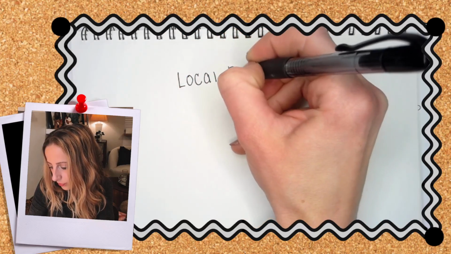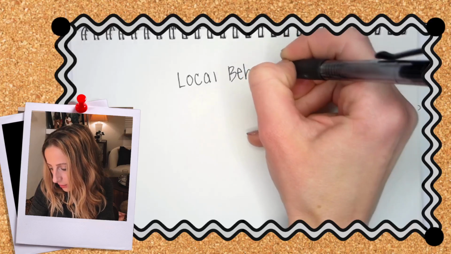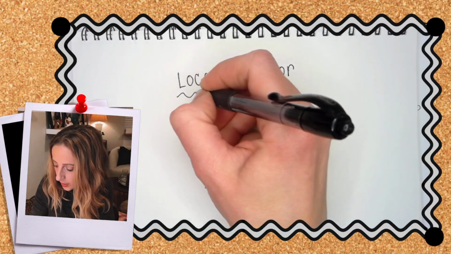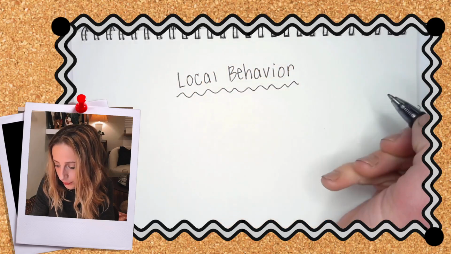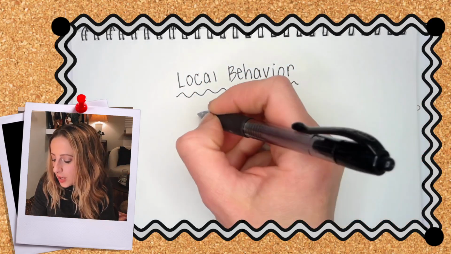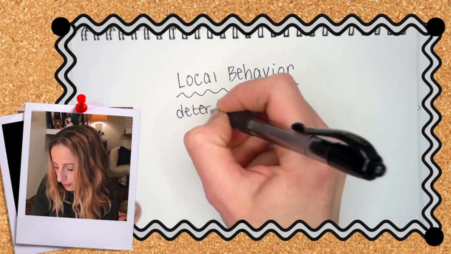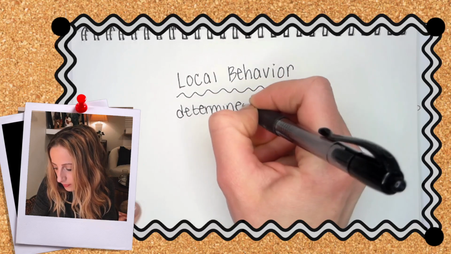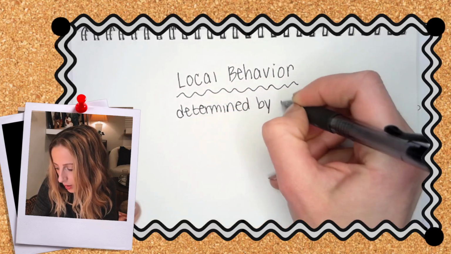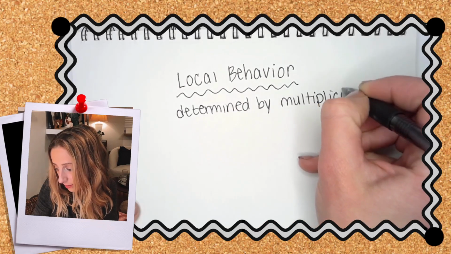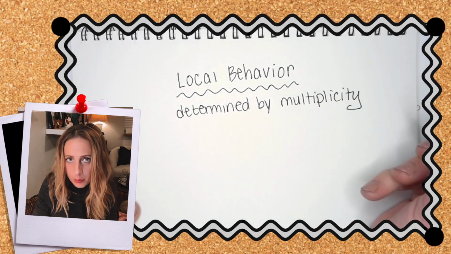In a nutshell, we could do a deeper investigation on this, but we're not going to do that right now. The local behavior is going to be determined by multiplicity. You're writing this down, right? Because seriously, this is very important.